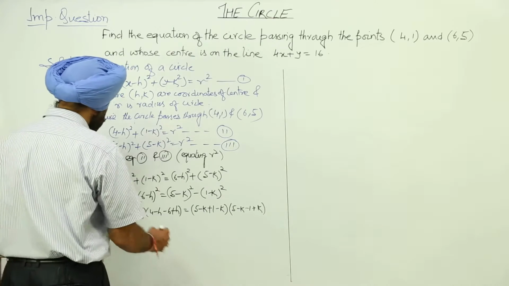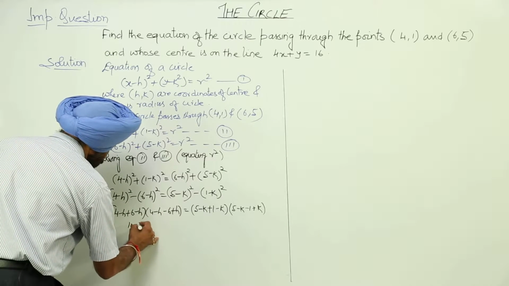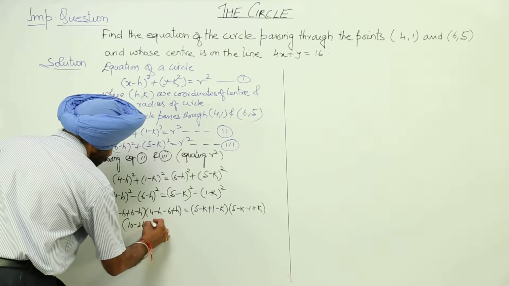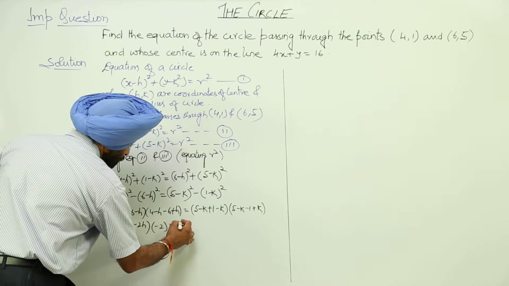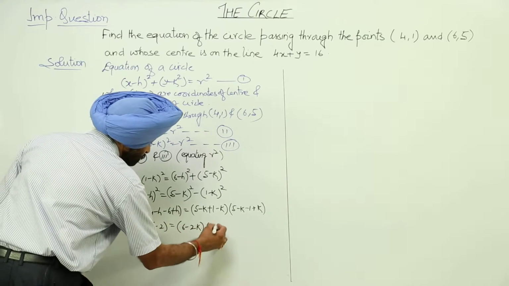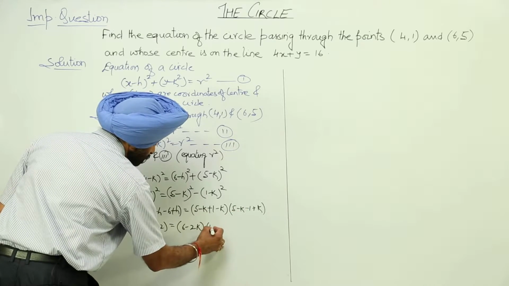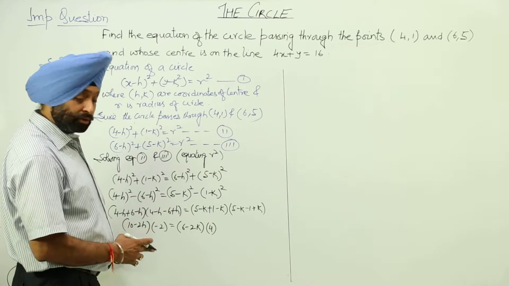Is it clear? So, what we are having now: (10 − 2h)(−2) = (6 − 2k)(4), where h and h cancel, and k and k cancel. Is it clear? Now, this becomes very easy.